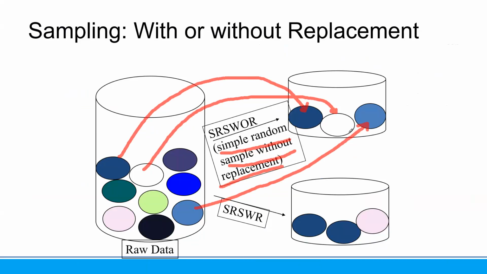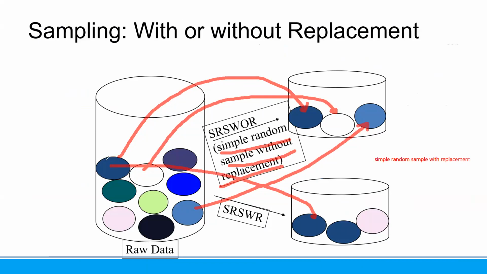But the other picture is the one with replacement. This one is simple random sample with replacement. Once you select this object, it is still in the population.